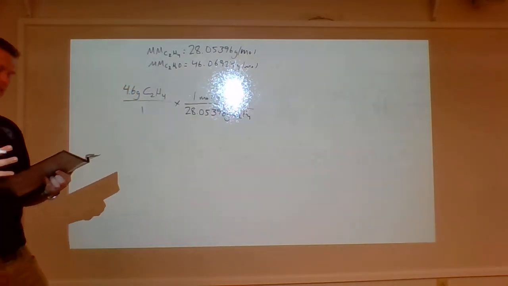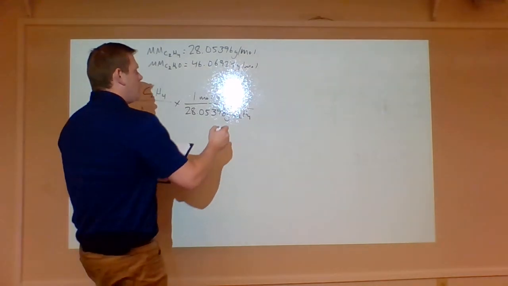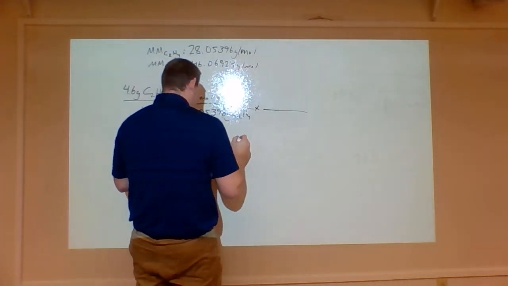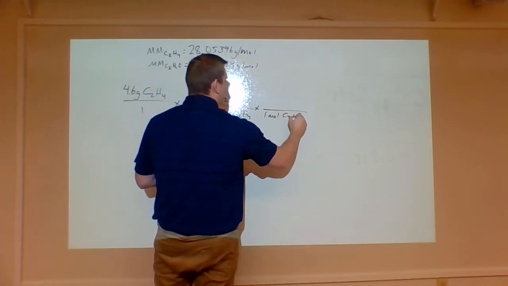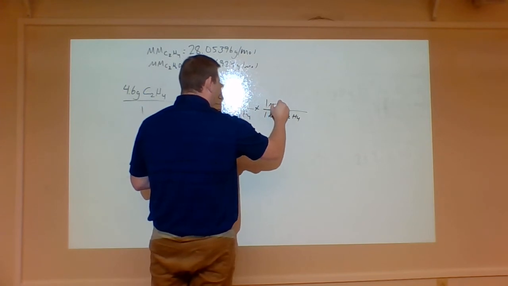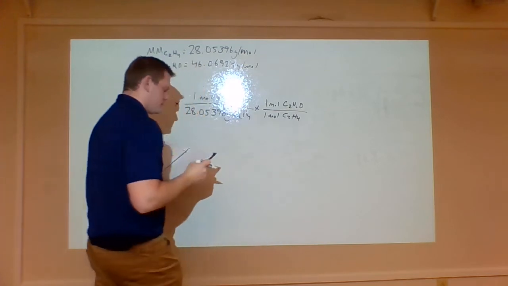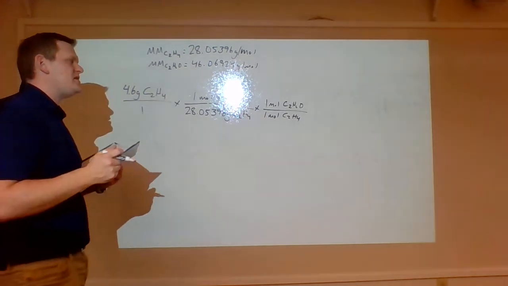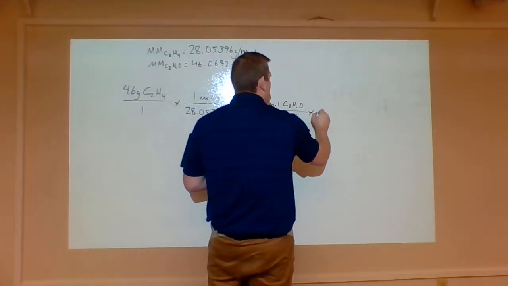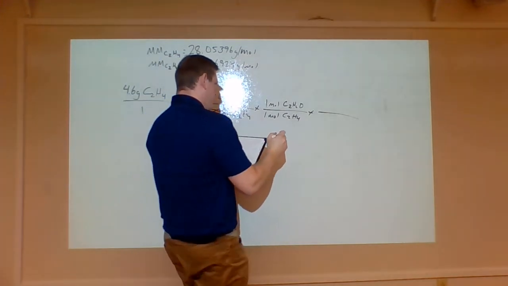Now we have a value in moles of C2H4. We need to convert that into number of moles of our product. Based on the chemical equation, it was a 1-to-1 ratio. So 1 mole of C2H4 gives us 1 mole of our product, C2H6O. And now to determine our theoretical yield, we want to convert these moles of C2H6O into grams, using again our molar mass as a conversion factor.